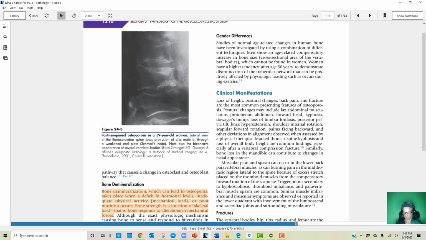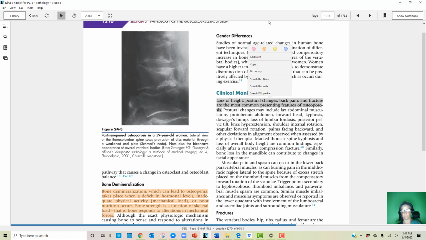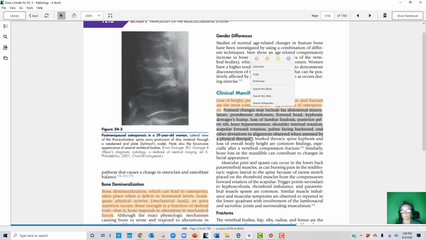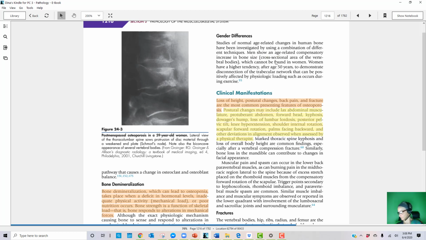Postural changes may include lax abdominal musculature, protuberant abdomen, forward head, kyphosis, dowager's hump, loss of lumbar lordosis, posterior pelvic tilt, knee hyperextension, shoulder internal rotation, scapular forward rotation, palms facing backward, and other deviations in alignment observed when assessed by a physical therapist. Marked thoracic spine kyphosis and loss of overall body height are common findings, especially after a vertebral compression fracture. Similarly, bone loss in the mandible can contribute to changes in facial appearance.